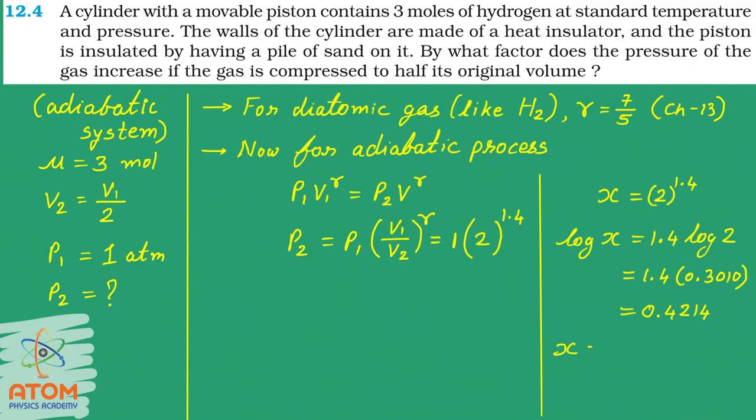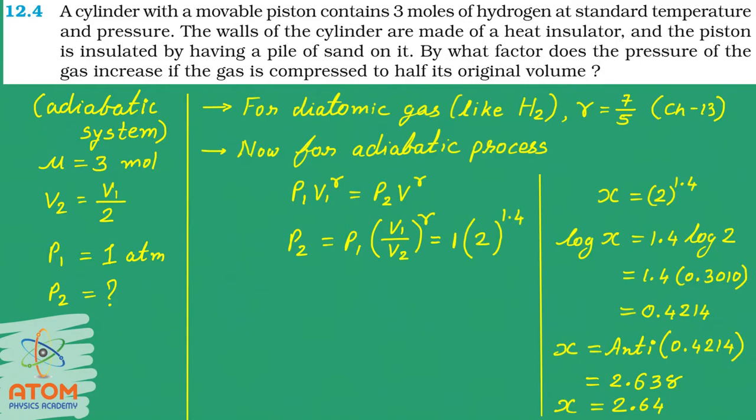Now to find out x, we have to take antilog of this value, that means antilog of 0.4214, and that will come 2.638, or say it is nearly 2.64.